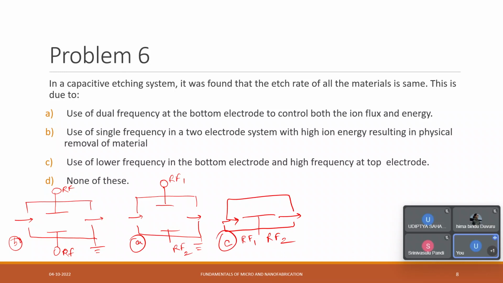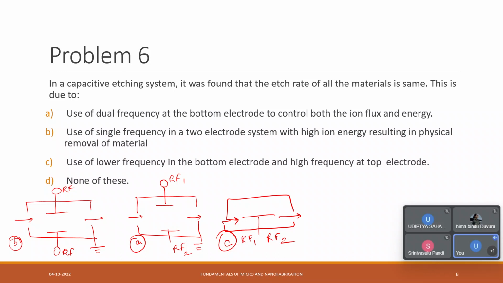So now you have to choose a system which is the less controlled one. Here you are getting two electrodes, and we can choose the RF frequencies, and depending on that we can generate the ions and control the ion bombardment, ion energies and ion fluxes.